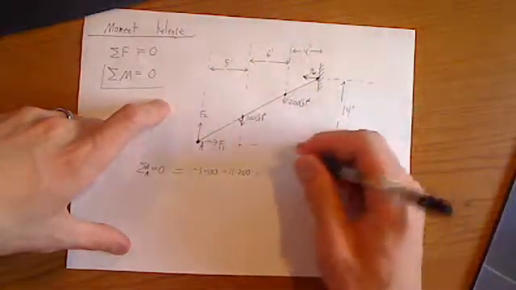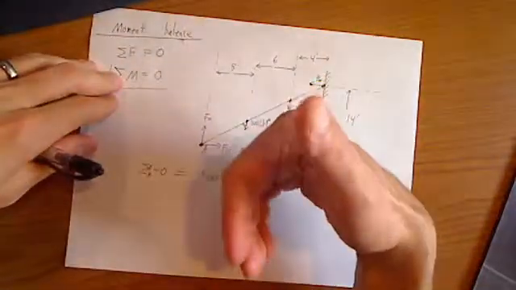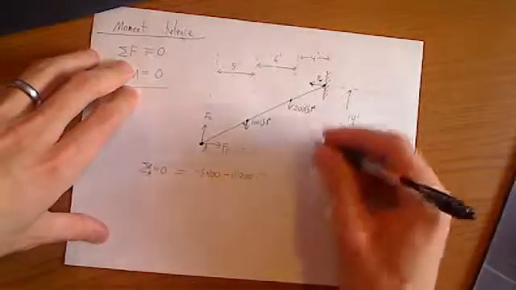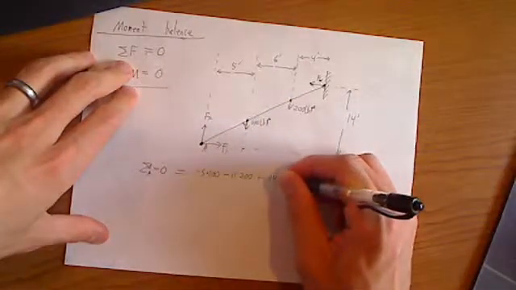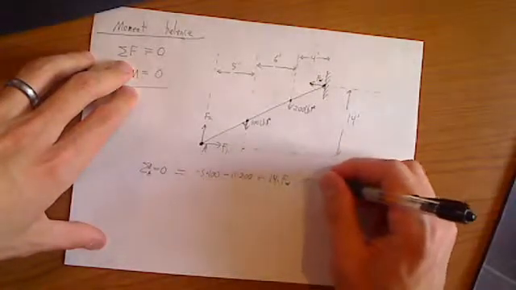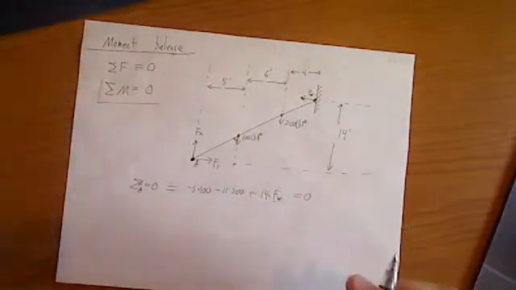So plus, since it's right-hand rule, thumb goes up, fingers point in the direction of positive rotation, positive moment from FW, so that's plus 14 feet times force of the wall. This all equals to 0. So now we can solve this to find FW.